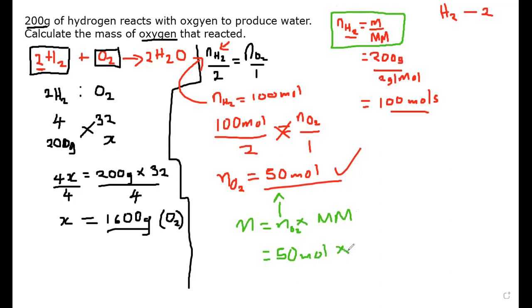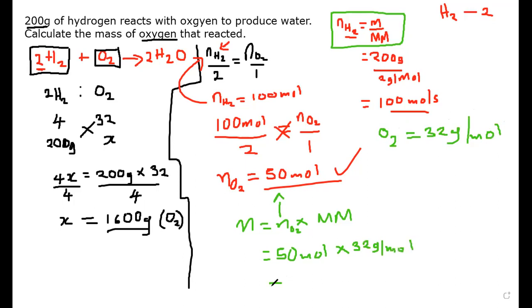We multiply it by the molar mass of O2, which is 32 grams per mole.